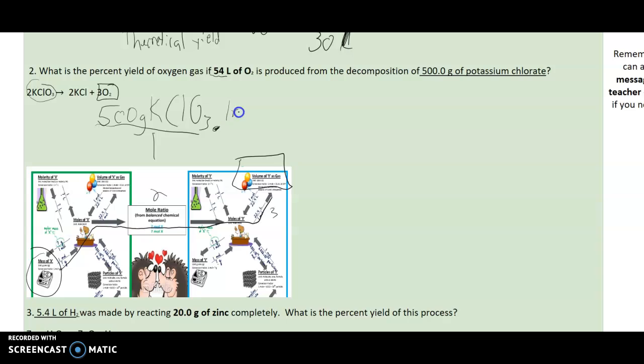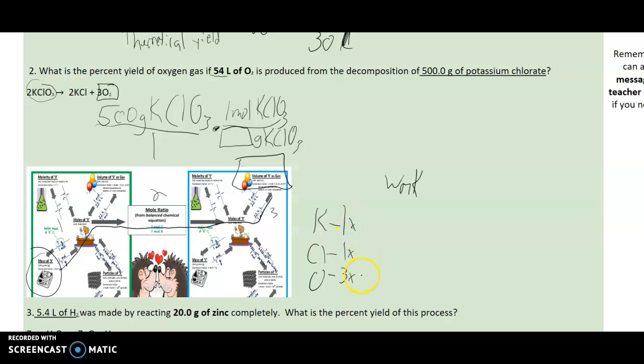Put 1 mole of KClO3 over, remember the box, whenever there's a question mark, that means we're looking for it, grams KClO3. I gotta do work for this one. K, I got 1 of them. Cl, I got 1 of them. Oxygen, I got 3 of them.